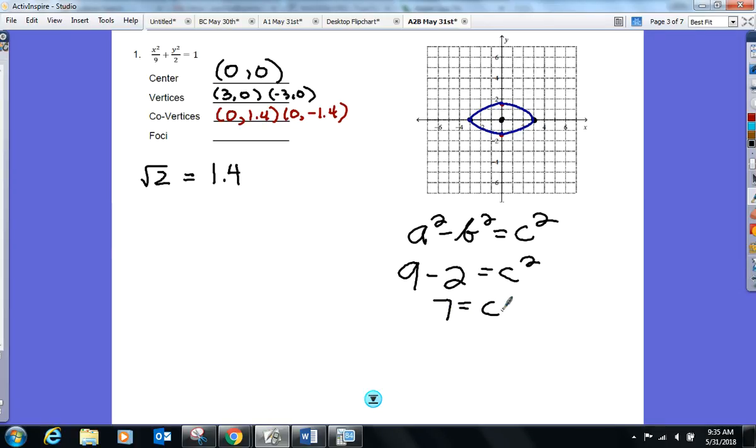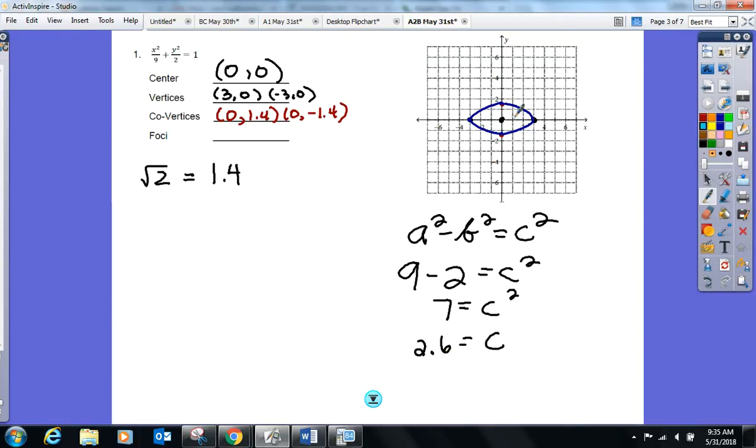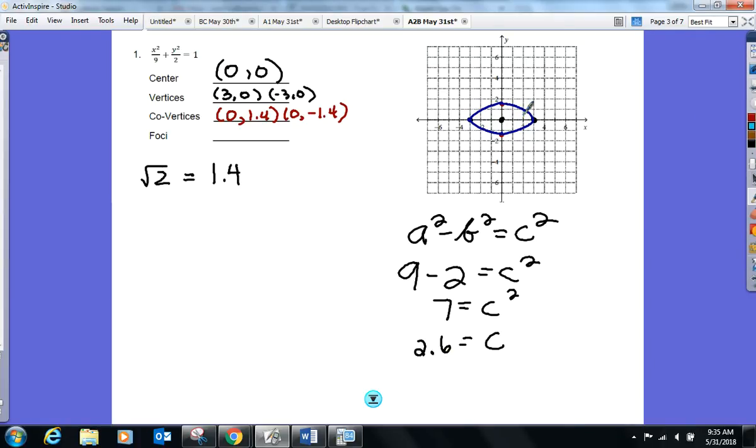So it's going to be the square root of 7, which is about what? 2.6, about 2.6. So I'm going to go 2.6 units to the right because the foci are always on the major axis. 2.6 and 2.6 to the left.